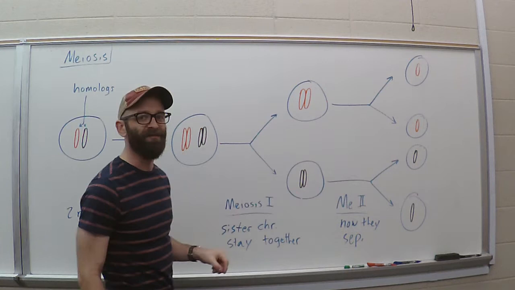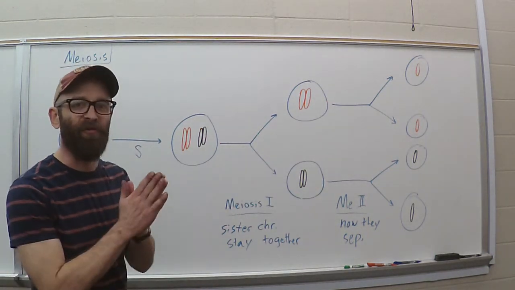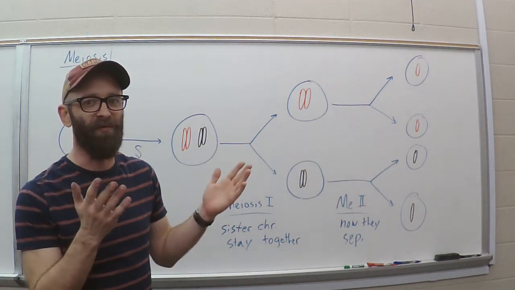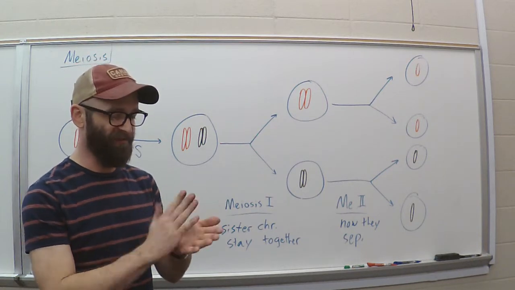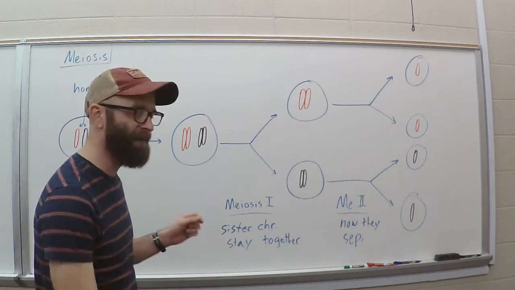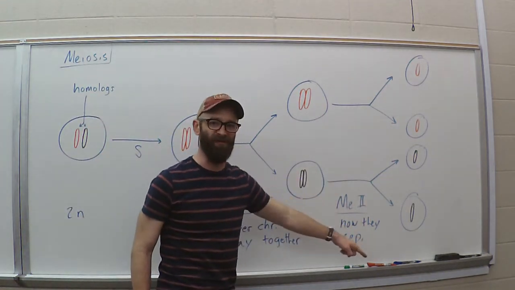That's not the case, right? In mitosis, the sister chromatids break apart. There's only one round of division in mitosis, and in that round of division, the sister chromatids will break apart. In meiosis, the sister chromatids don't break apart until the second round of division.